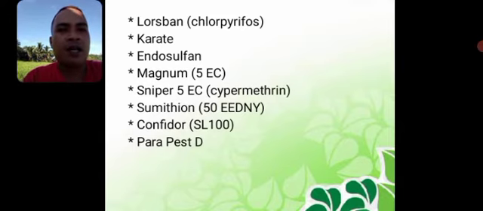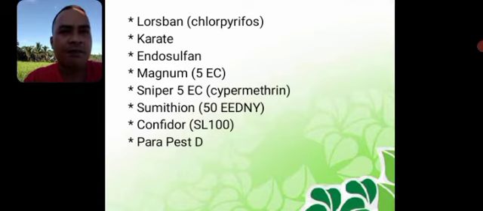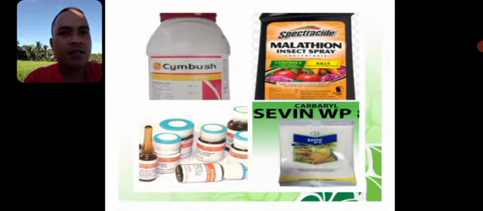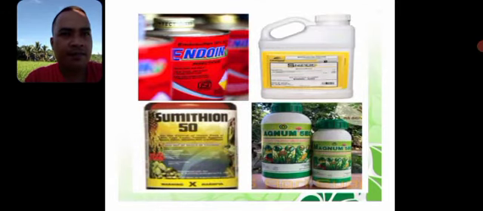The last is Parapest D. It is an insecticide designed to control pests. I have here a picture of these insecticides with their active ingredients. These are the examples of the insecticides. This one, and this one.